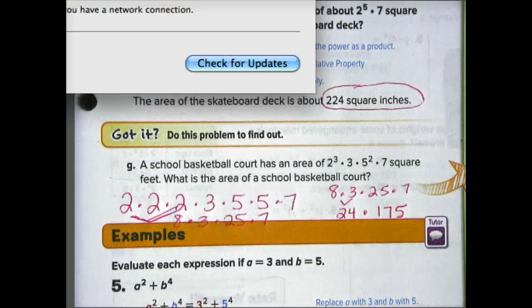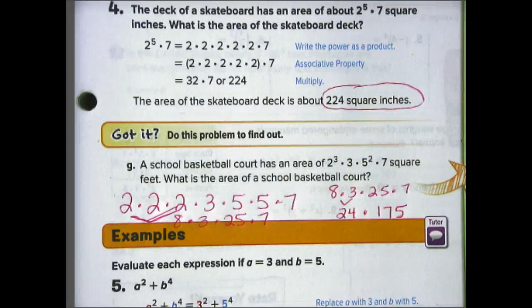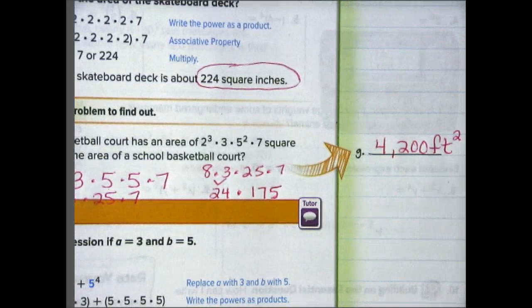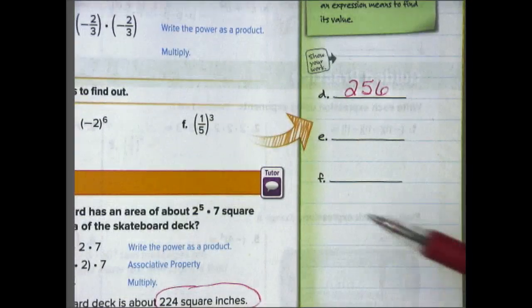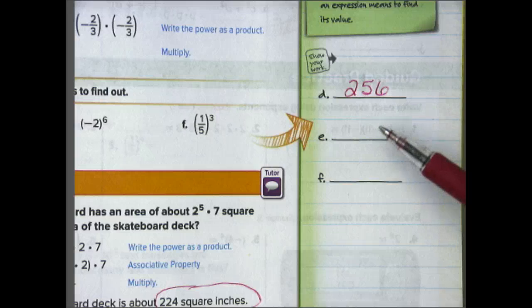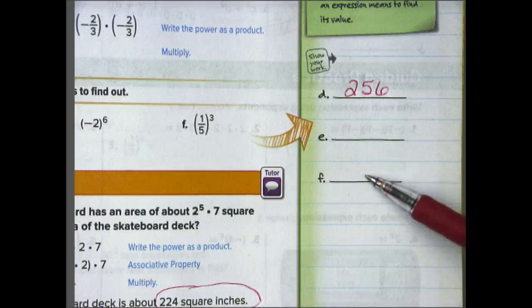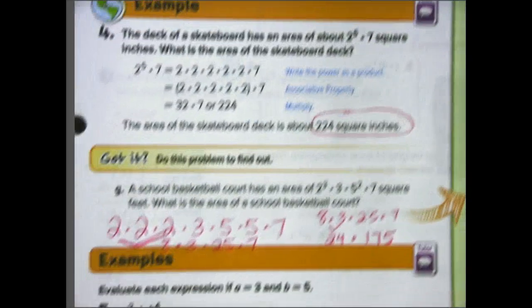That's a lot of multiplication, but it's not difficult multiplication. So you would put your answer over here. And I'm sorry I didn't move that earlier to show you that I put my answer for letter D here, and you should have had your answers for E and F also over to the side.